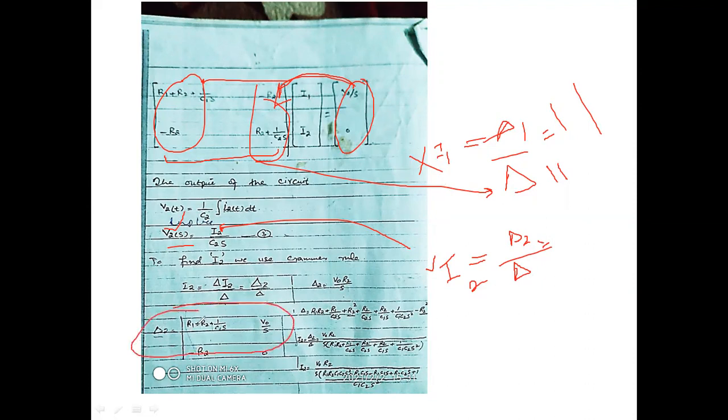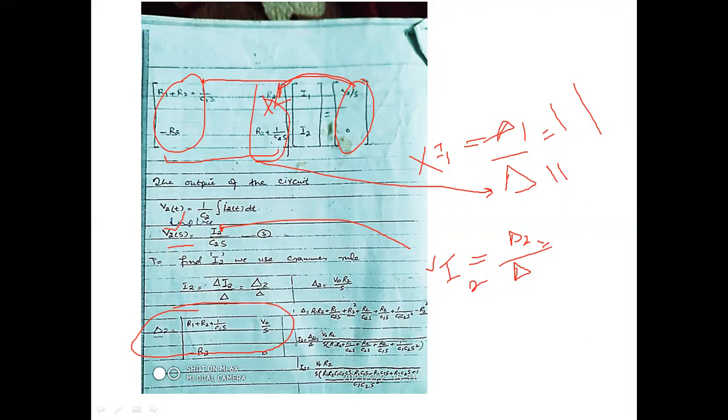Delta 2 is equal to R1 plus R2 plus 1 over C1s, and minus R2. This column has been replaced by this matrix, V naught over s, and 0.